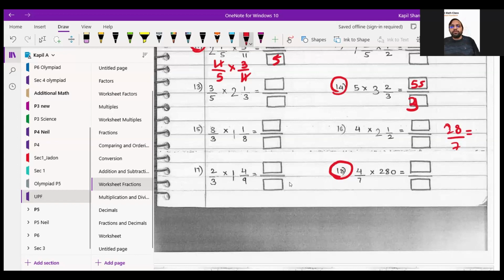Is it 3? Swastik, 28 by 7 is? No, it's not 30.